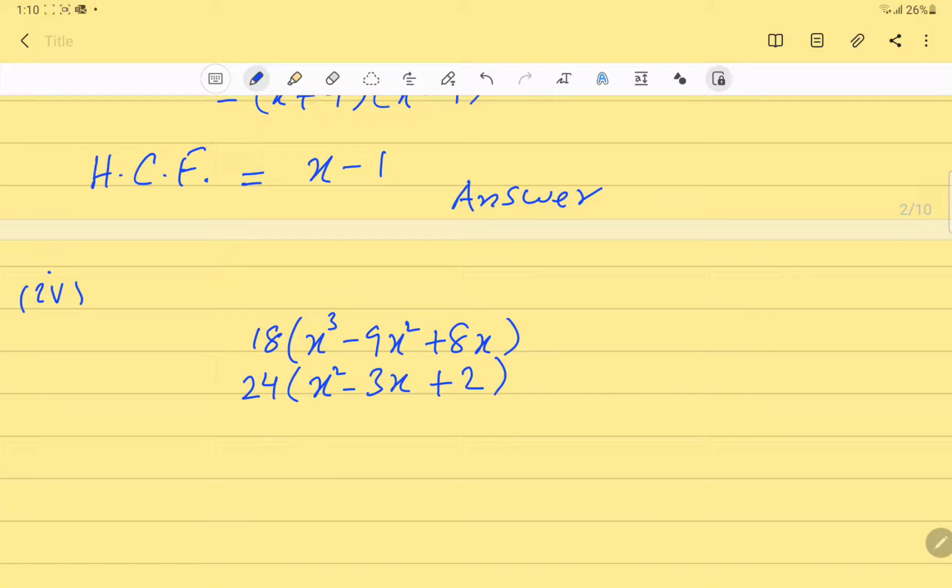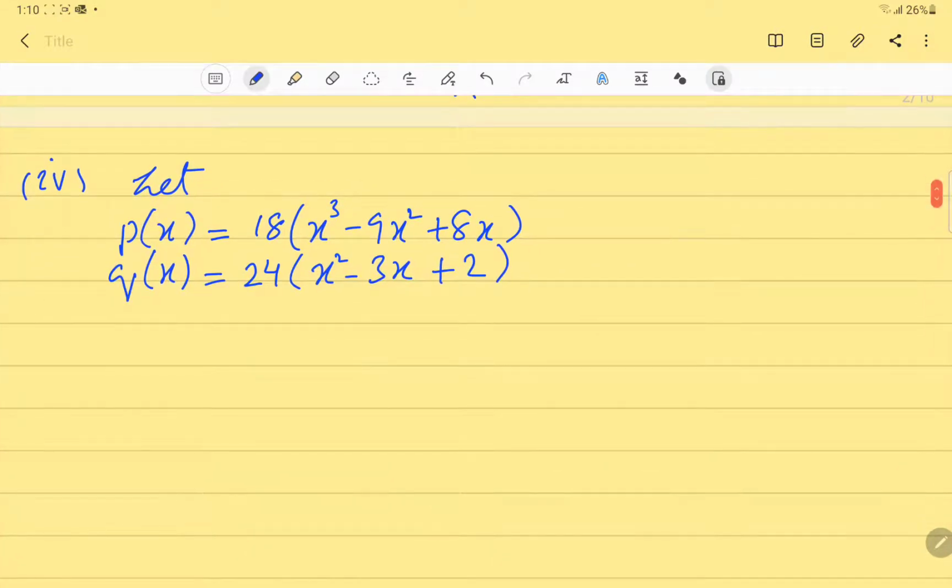Let us give some names to them. Let px be the first expression and qx be the second expression. Let us factorize both of them one by one.